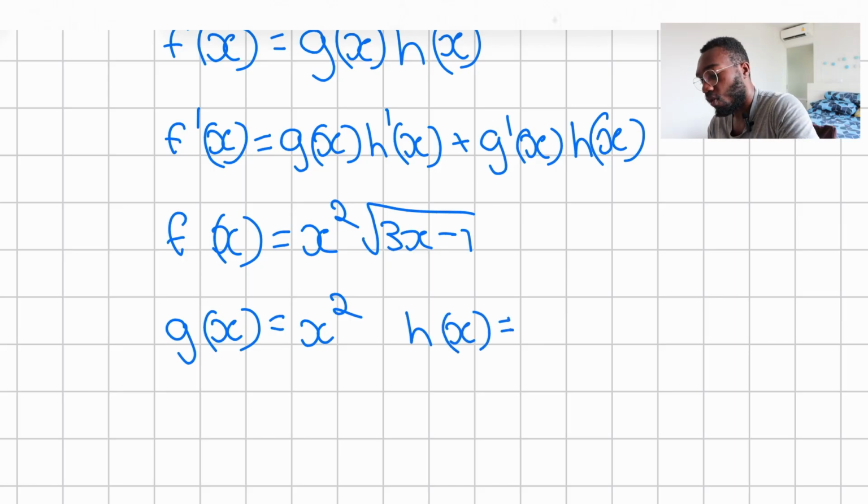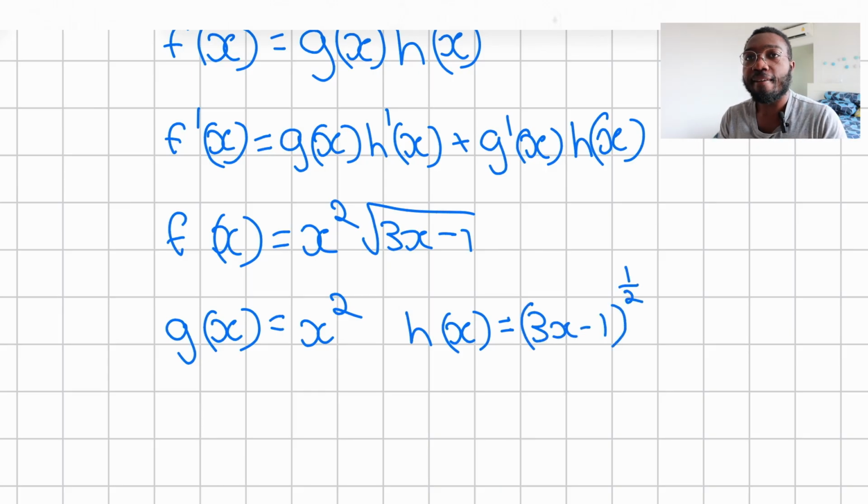I'll write that as 3x minus 1 to the power of a half. And then if we want to differentiate this using the product rule, all we need to do is differentiate g of x and then differentiate h of x first.